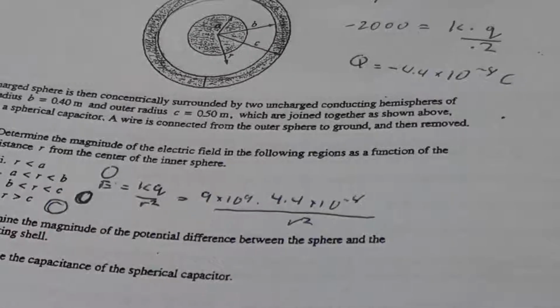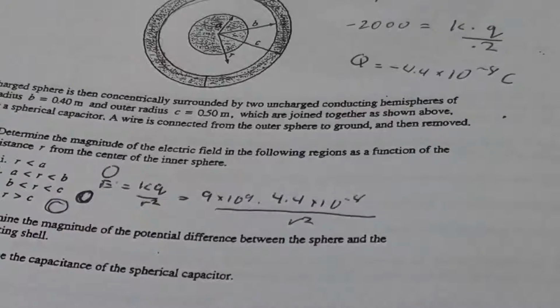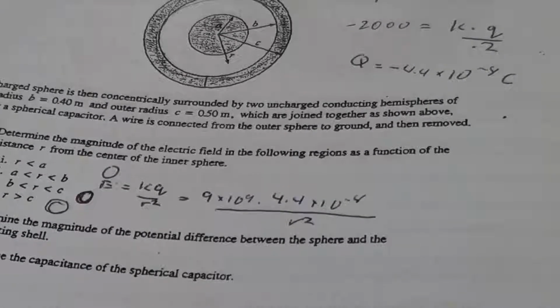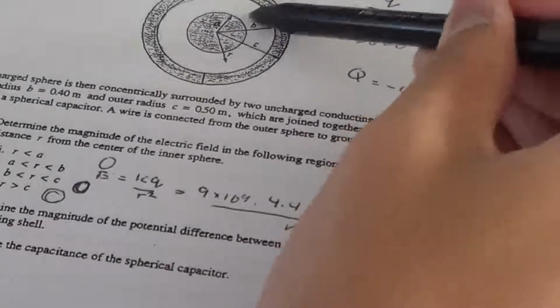Right. So part C wants us to determine the magnitude of the potential difference between the sphere and the conducting shell. So right here, the electric potential between here.